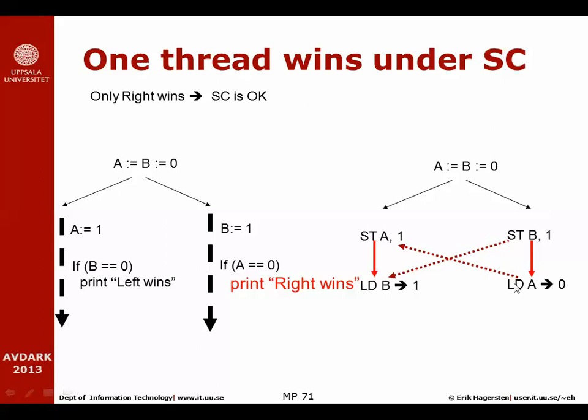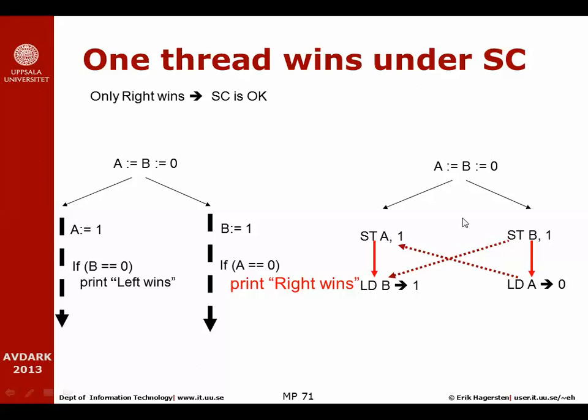So this load returns a 0 because the right side won, and this load returns a 1 because the left side lost. That puts this kind of value order between the loads and the stores of the different threads. This creates a defined order. It says this store happened before this load, which happened before this store, which happened before this load.